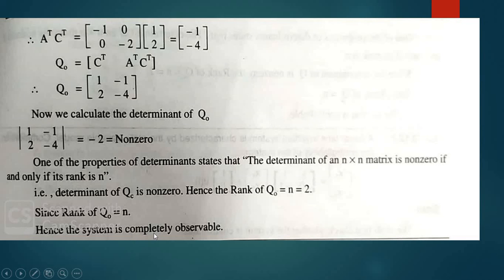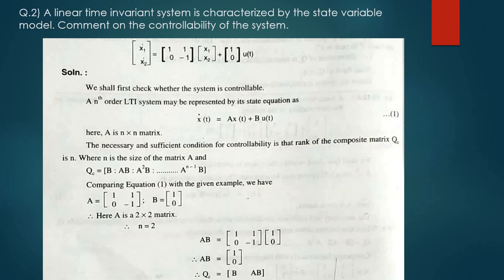Similarly for controllability, this type of question can also be asked. Now the second example, where a linear time invariant system is given, comment on the controllability. This is a similar question which you can just go through. This is the formula to check the controllability. After solving these steps, you see your determinant is 0.